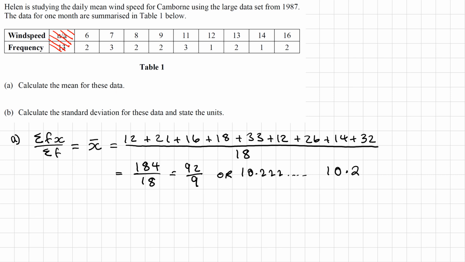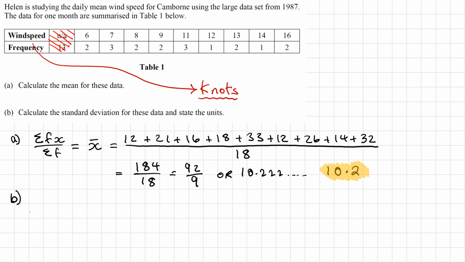However, I can see that in part B it is asking for the units, and wind speed is measured in knots. So they're the units we're going to be using when we get to part B, and part B is asking us to work out the standard deviation for the data.